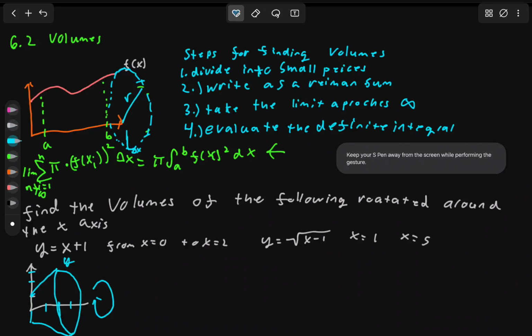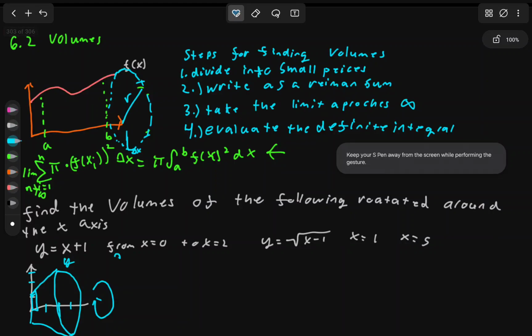So, in order to evaluate this, we're going to divide this shape up into very small radiuses, which have the radius of x plus 1. And then we're going to multiply this by a little change in x, and then sum it all together.